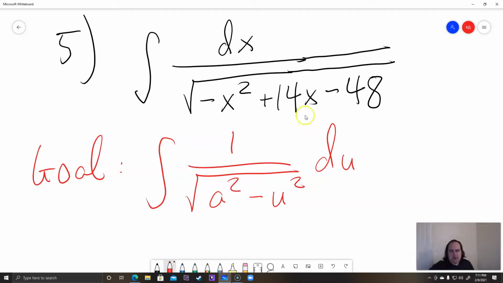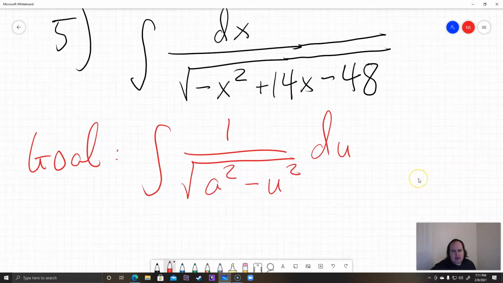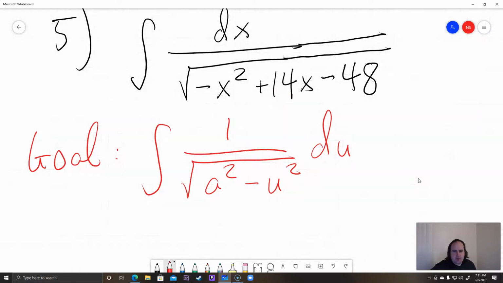And that's why completing the square is going to work so well here. Okay, so let's see how we do that. So we want our a squared minus u squared to become this. So we're going to complete the square.